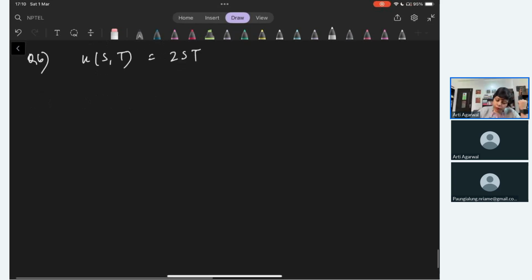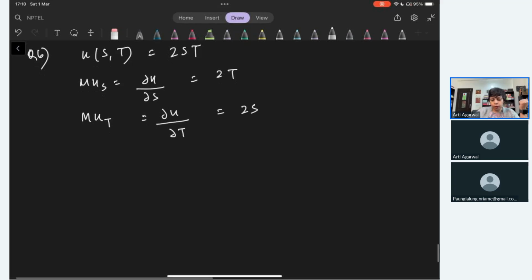Let's first find marginal utility with respect to S. This is del U by del S, therefore it is 2T. MUT, del U by del T, is 2S.